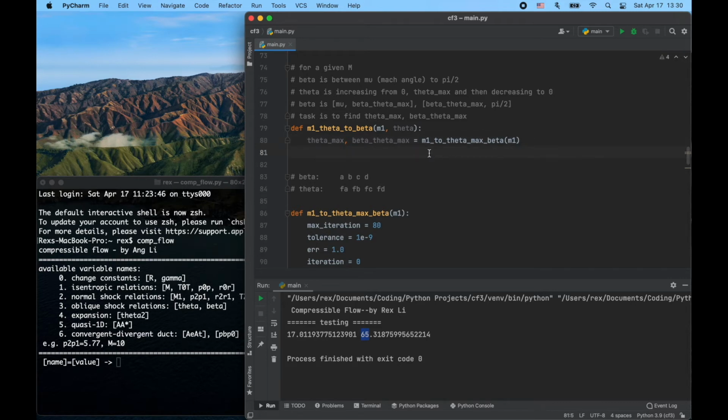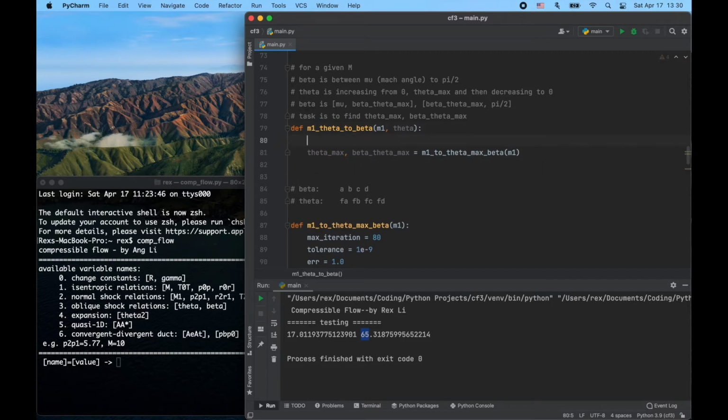And now we can use inverse function. But I would like to give it a tolerance.